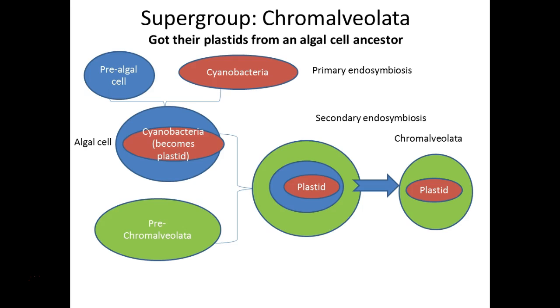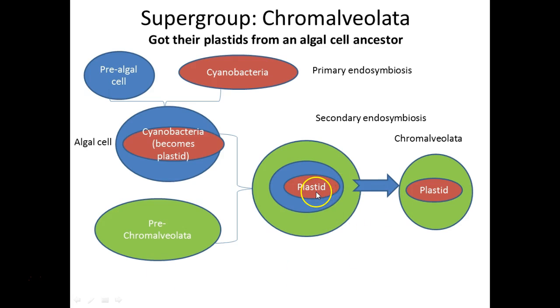So remember I talked about that endosymbiosis we believe happened, that a prokaryote like a cyanobacteria, which is a photosynthetic bacteria, was engulfed by an algal cell, and basically cyanobacteria became the chloroplast. They believe that algal cells were then engulfed by these other cells.